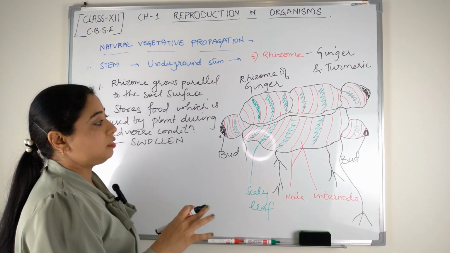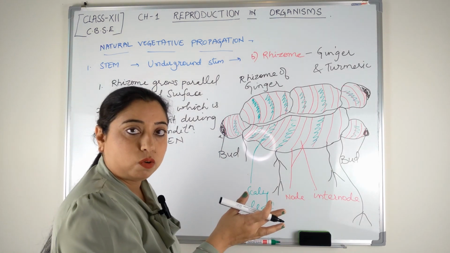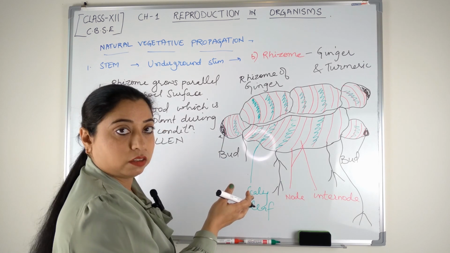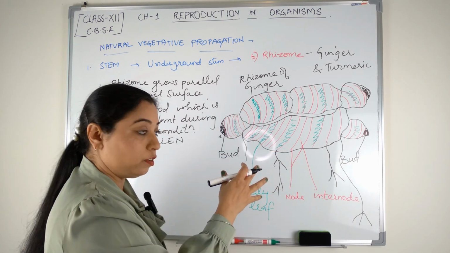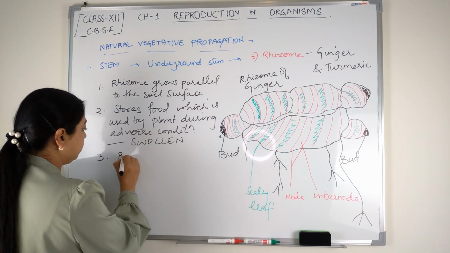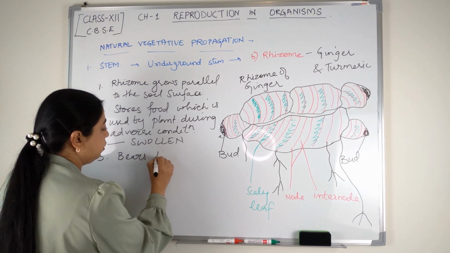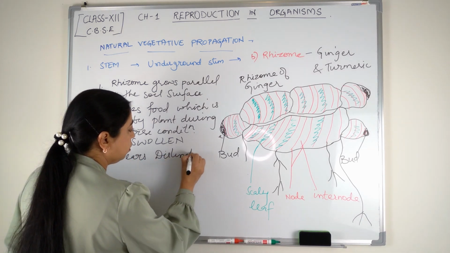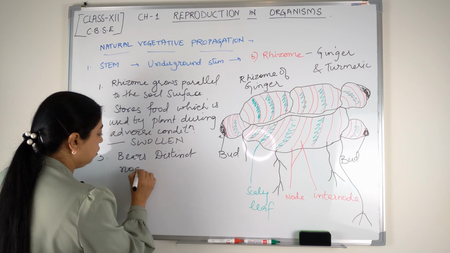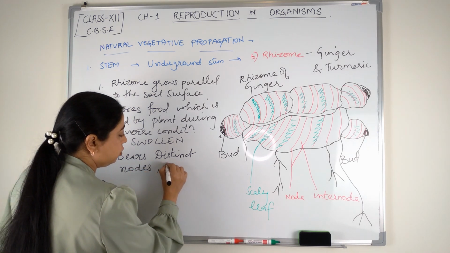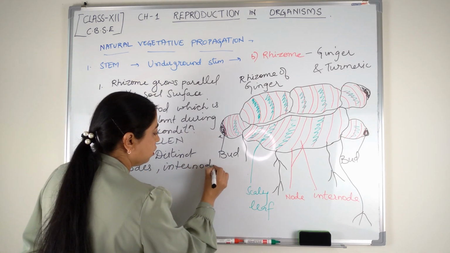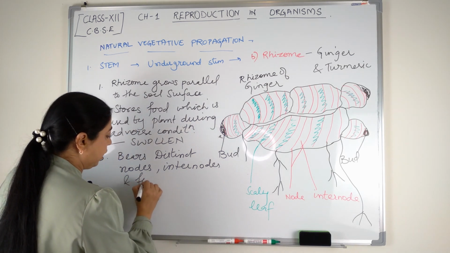Thirdly, we can see distinct nodes and internodes, and a few scaly leaves on the surface of a rhizome. So it bears distinct nodes, internodes and few scaly leaves.